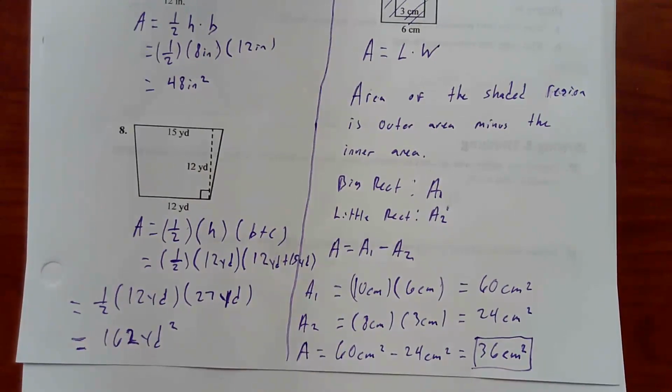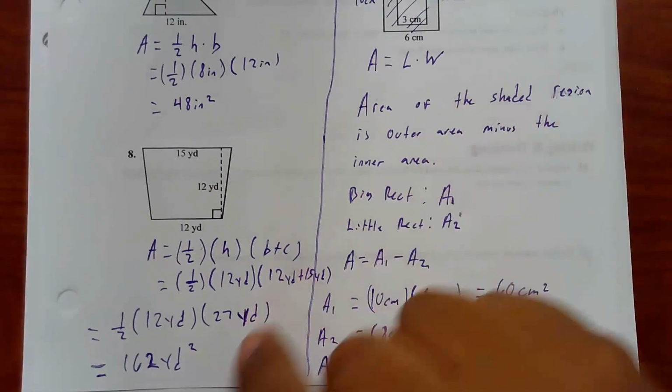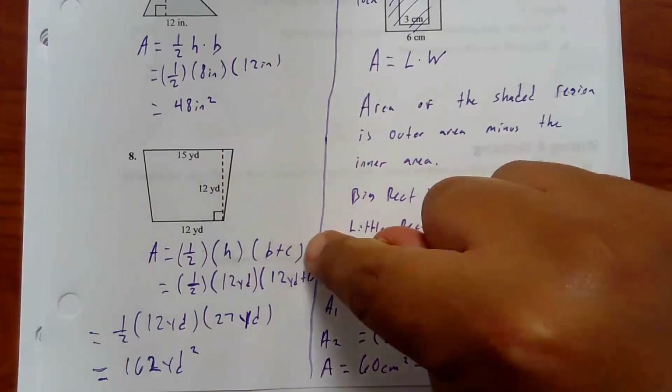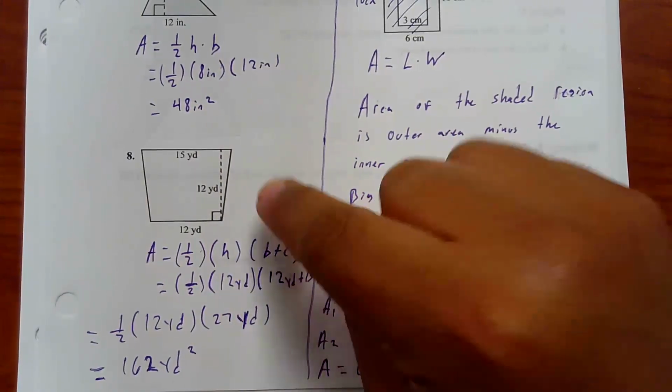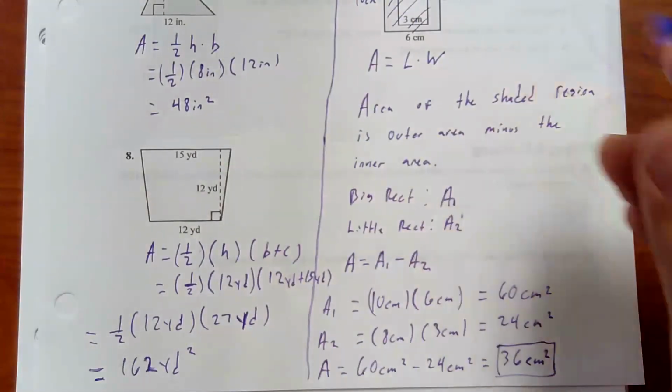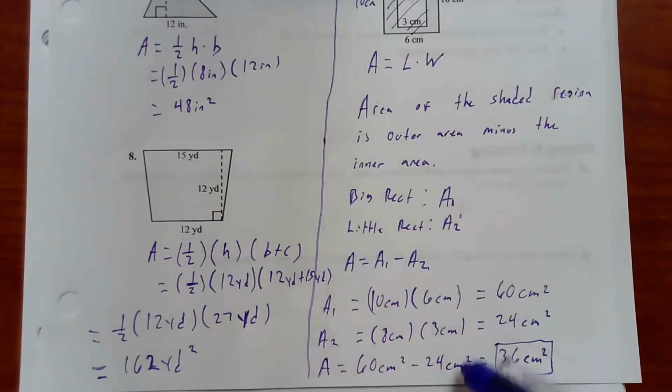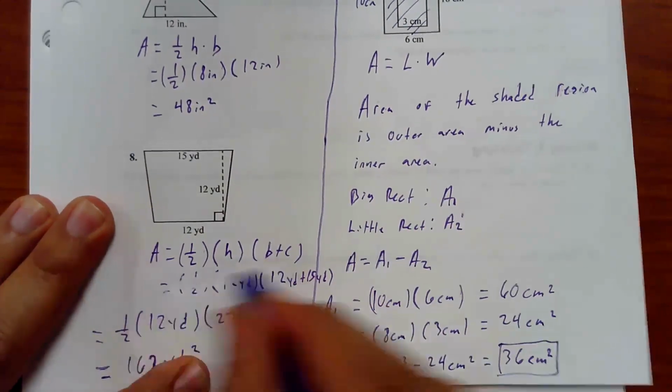That was number 9, this question. I'm looking at 8. Oh, 8. 8's the trapezoid, so use the trapezoid formula: 1/2 times height times b plus c. Let me rewrite that for you.